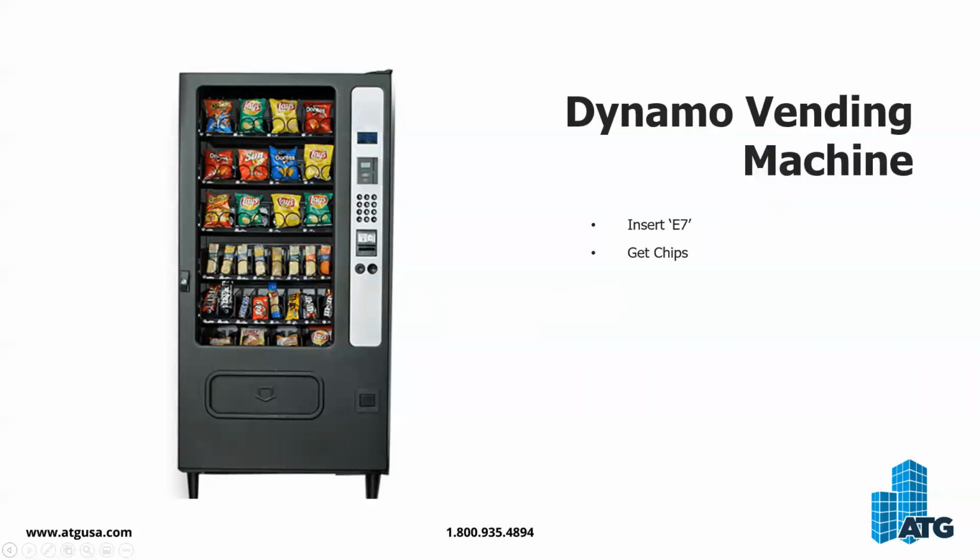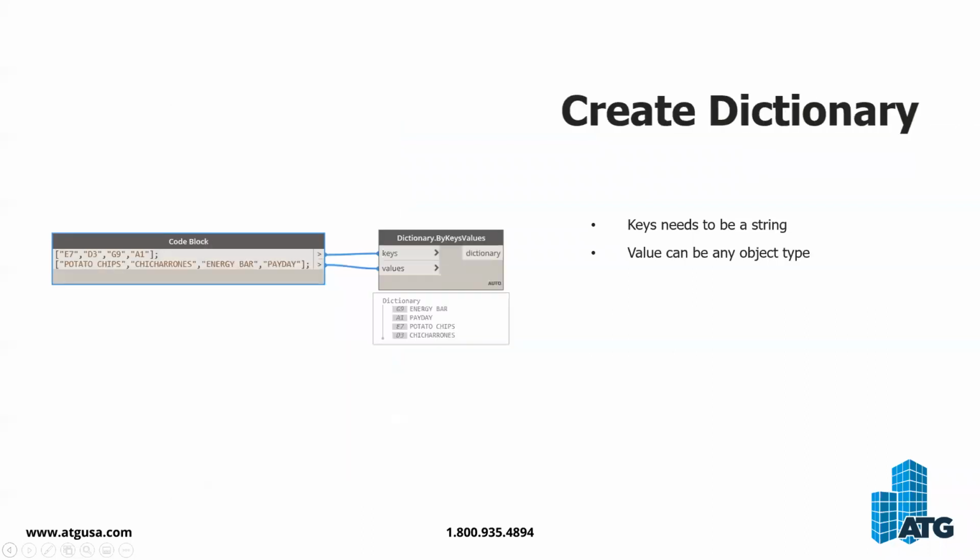So you press E7 and you get a bag of chips out of it, or you press D3 and you get a bag of chocolates. Relating it back to Dynamo, the number that you insert is going to be your key, and the thing you're going to get out of it is going to be your value. So when we're in Dynamo, we're going to be looking to set the keys and set the values that are going to be associated to those keys.